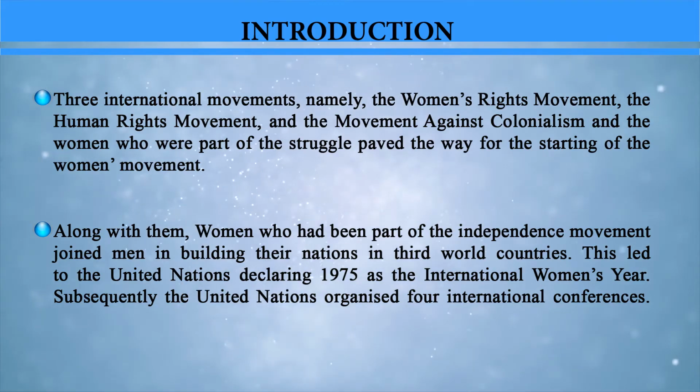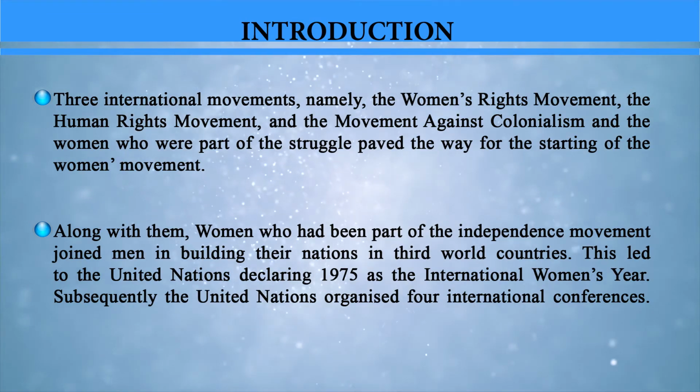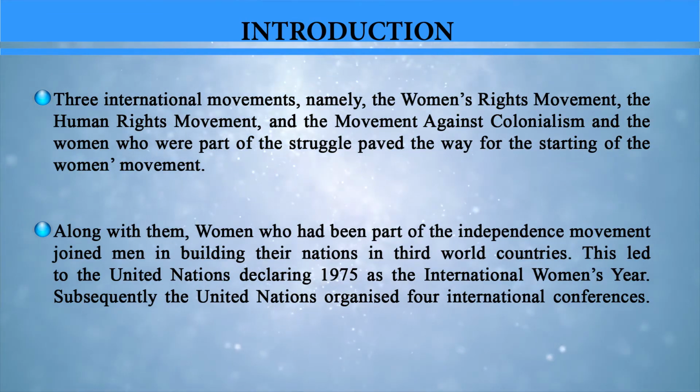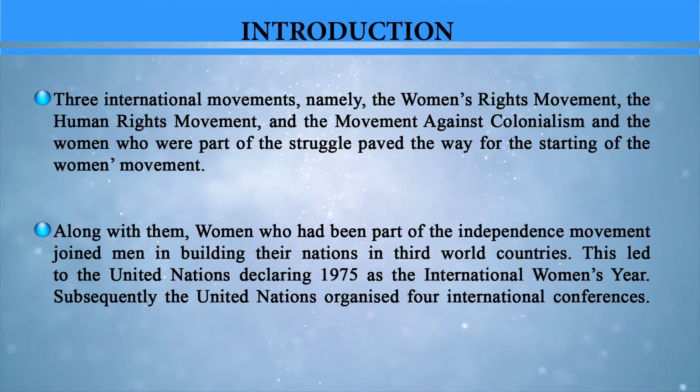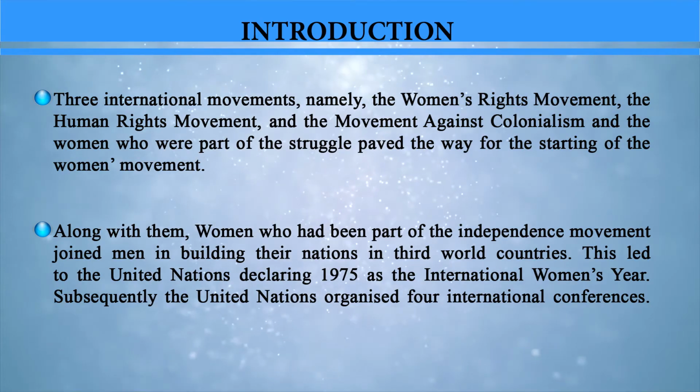Subsequently, the United Nations organized four international conferences in Mexico, Copenhagen, Nairobi and Beijing. All of us must know the first conference started in 1975, then 1980, 85 and finally 1995 in Beijing.